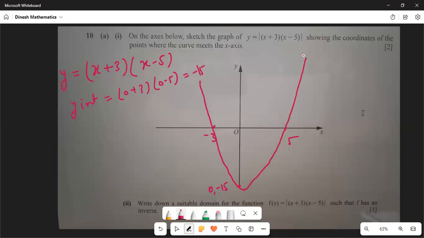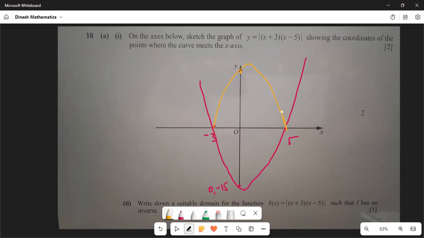Okay. Now, to get the mod, you would like to reflect the graph below the x-axis. I just take this away. Reflecting the graph means you are going to take this -15 up there, +15, and this graph is going like this.